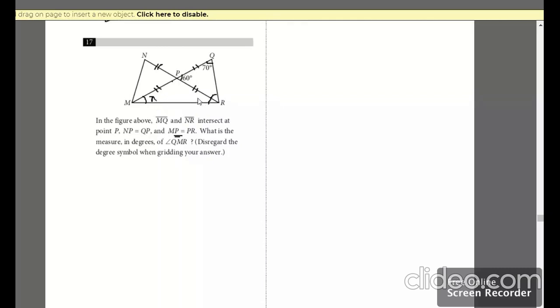So let this be x, but we need this angle now. We have a clue that this is a straight line, this is split up with 60, and this we don't have, so let us call it y, but we know they form a linear pair, that is 180 degrees. So y plus 60 equals 180, which means the angle inside is going to be 180 minus 60, that is 120.